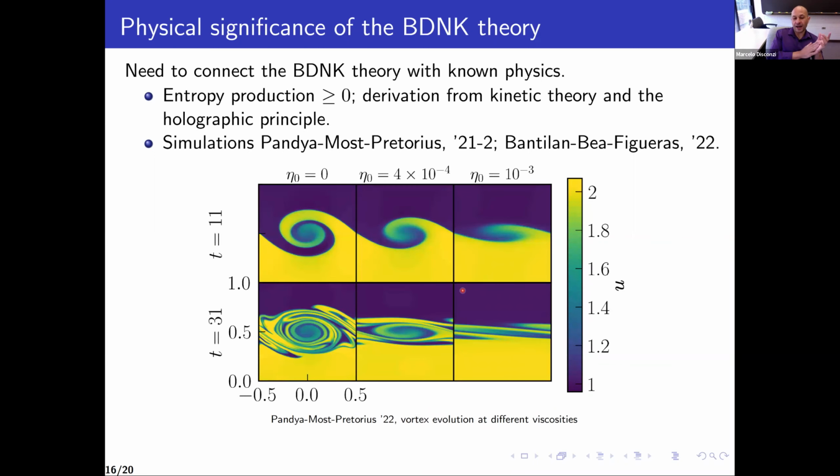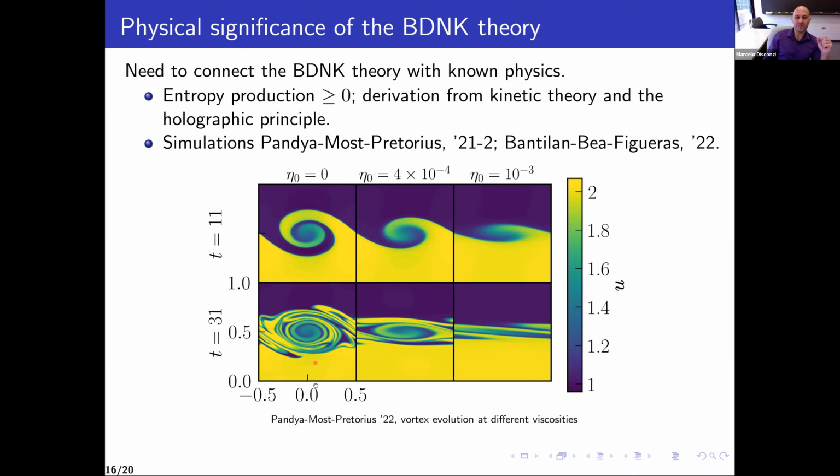This now is a two-dimensional simulation of a conformal fluid in the BDNK theory. This is by Pandya, Most, and Pretorius. They simulate the evolution of a Kelvin-Helmholtz unstable initial condition, for different values of viscosity.